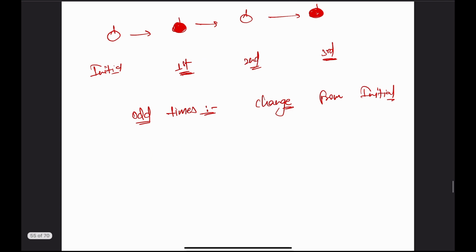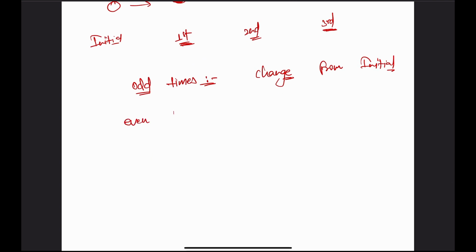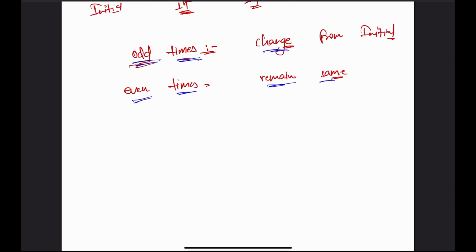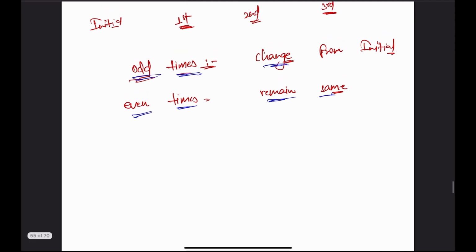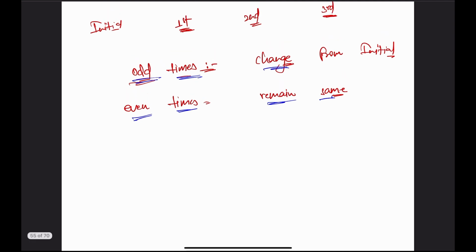And similarly, if it's an even number of times, it remains the same as the initial. This is what I could understand as of now. So till now we understood how the change happens and how it remains the same.